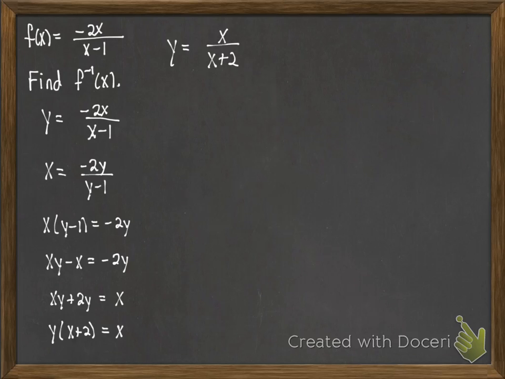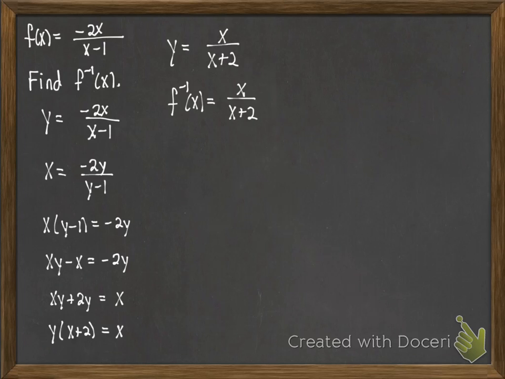And so that, my friends, is f inverse. So finally, the last thing we do is we just write down f inverse of x is equal to x over x plus 2.